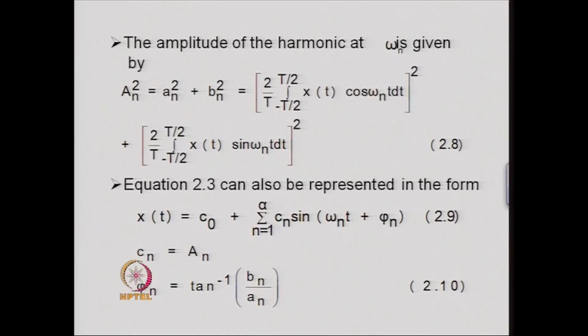That is, an cos omega nt plus bn sin omega nt can be written as Cn sin(omega nt plus phi n). The values of phi n and Cn can be easily defined. Cn is the same as An computed in equation 2.8, and phi n is tan inverse, not Bn by An as wrongly written here, but An by Bn.